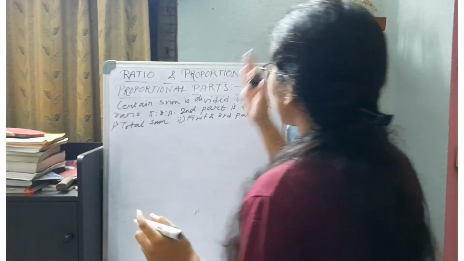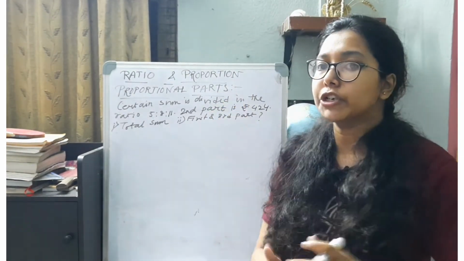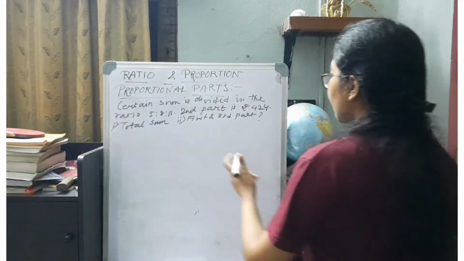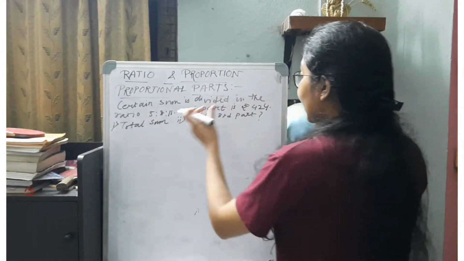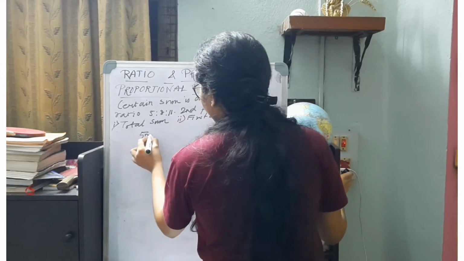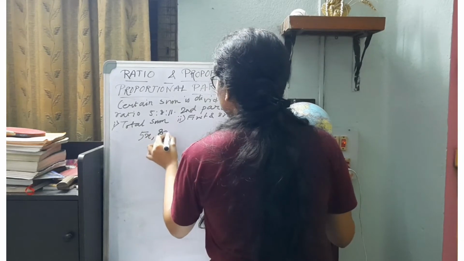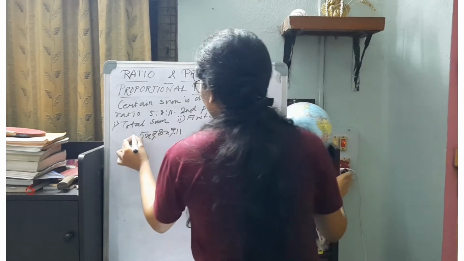As you can see, it is also a question of proportional parts where money has been divided proportionally into 3 parts in a certain ratio. Because it is in a certain ratio, we consider each of the parts as 5x, 8x and 11x rupees. Make sure to write rupees here.